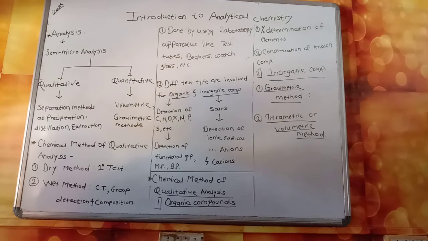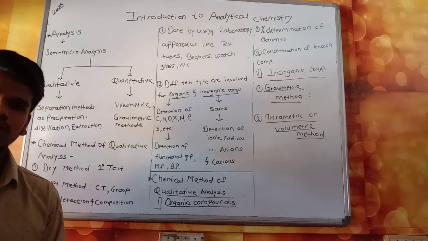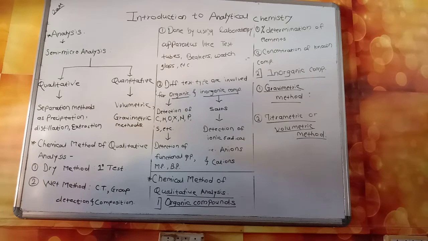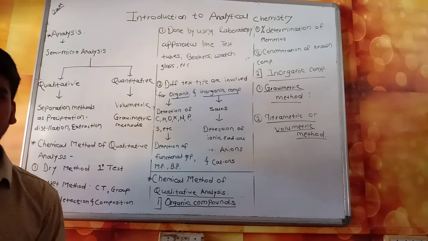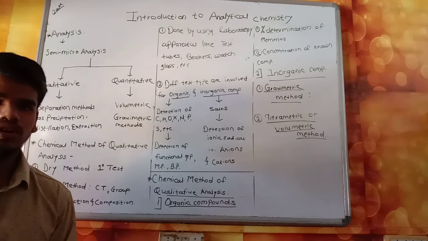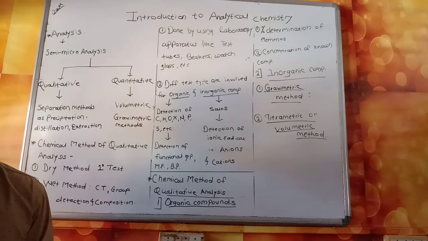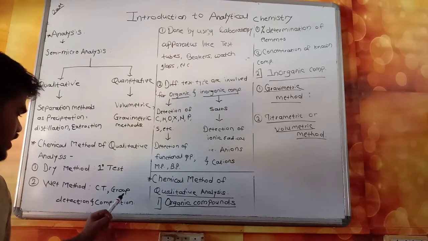And while in wet method, the given sample is dissolved in a suitable solvent or mostly in water, so that its constituent particles or constituent elements get separated, and it will be easy to detect them. Okay, or the determination will be easy by using a suitable test. So this wet method is used for detection of functional group, then its composition, and for the conformity test of the detected group.